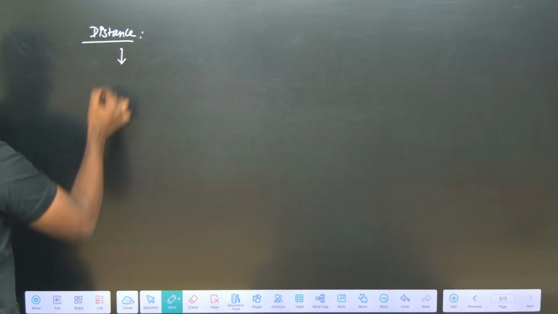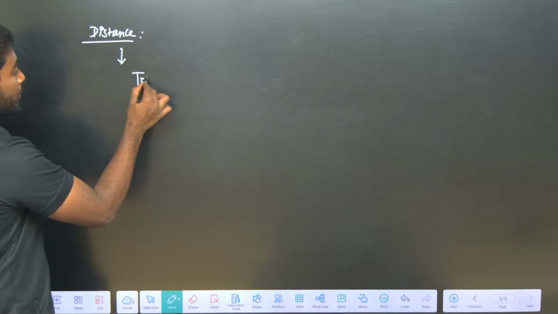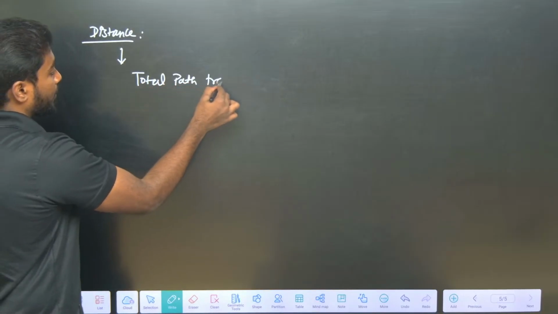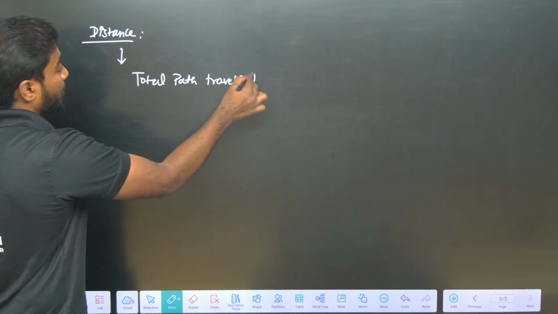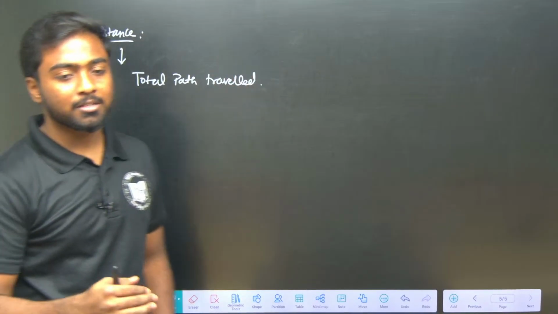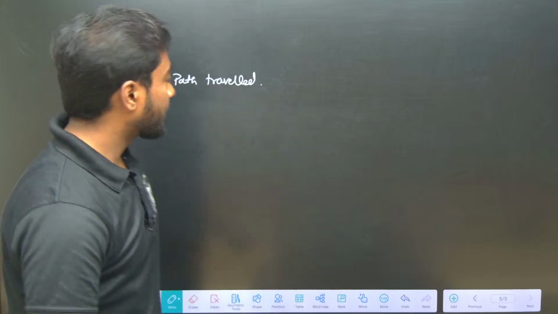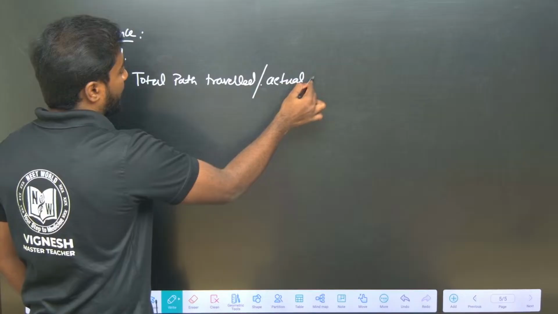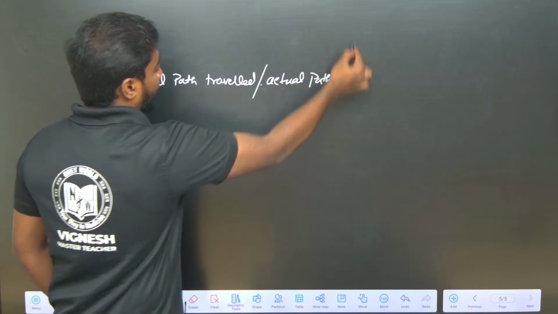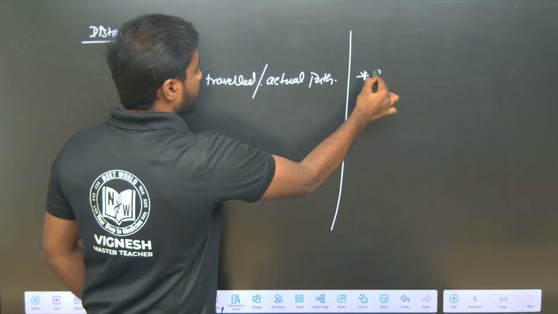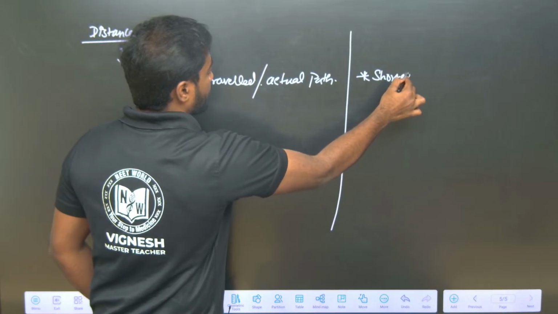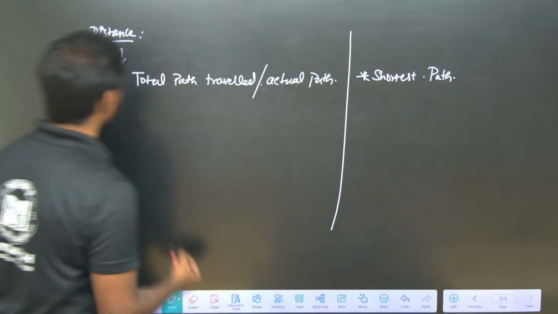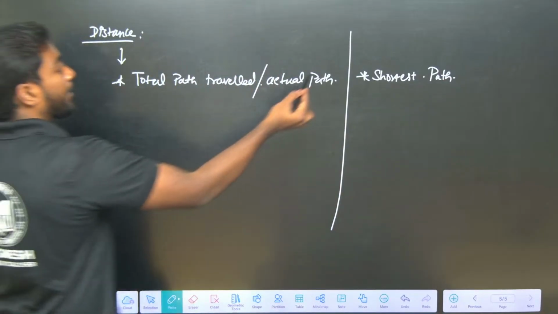Distance is nothing but the total path travelled, the actual path. Whereas displacement is the shortest path. Let me write here the difference.